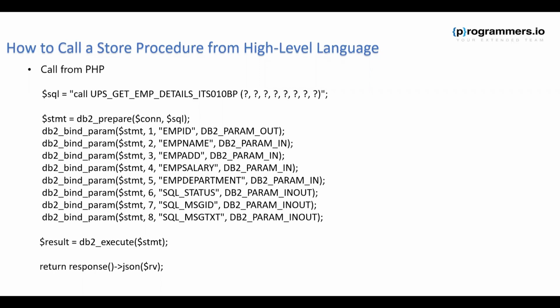So this is PHP code. I am not too much aware of that because this is written in PHP, but you can understand that. This is a working code. Here I am calling a store procedure in which I am passing some parameters, and the parameter values I have set here. And it will execute.